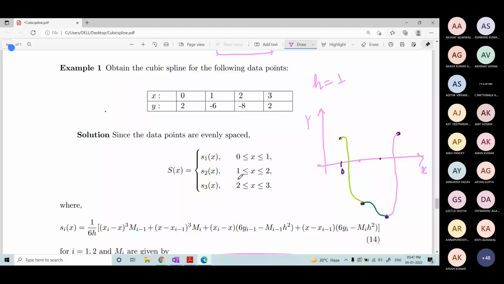Now look at the data and give the names. The data points are, let me write down one more time, x: 0, 1, 2, 3, so these are x0, x1, x2, x3, and y values are 2, minus 6, minus 8, 2, so these are y0, y1, y2, y3.